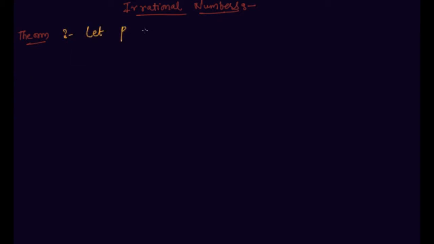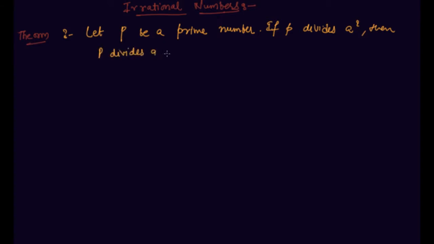Let P be a prime number. If P divides A squared, then P divides A, where A is a positive number.